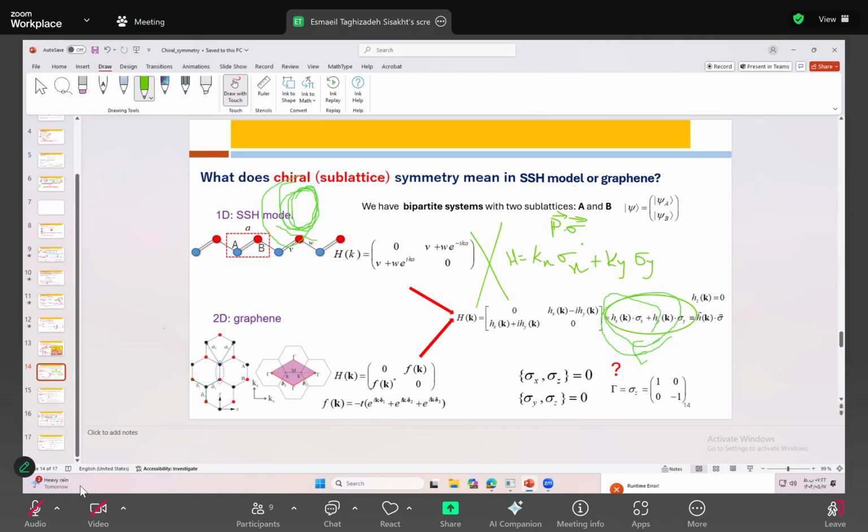So they show a very analogous term, and in this way maybe we can define different helicities for the K and K prime valley. Yeah. Okay.